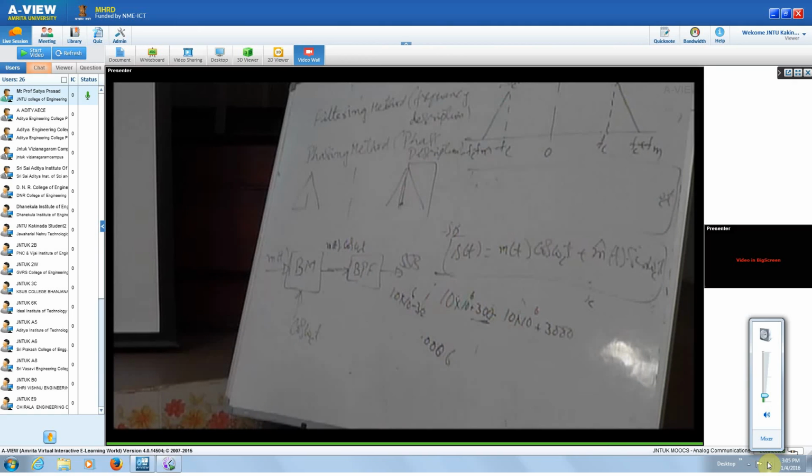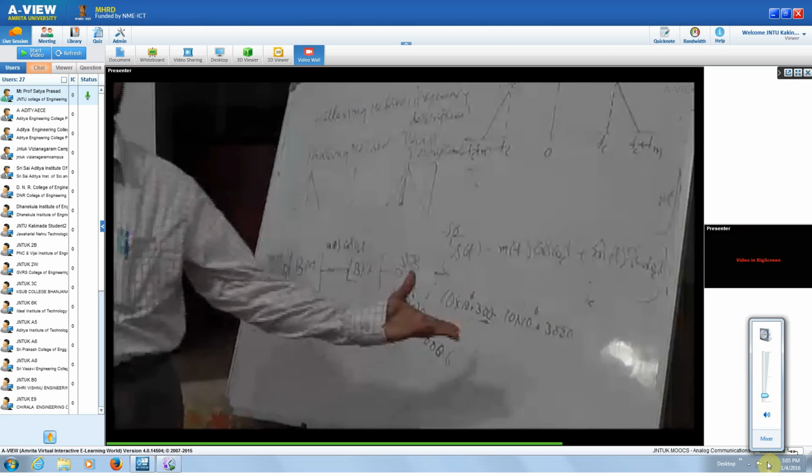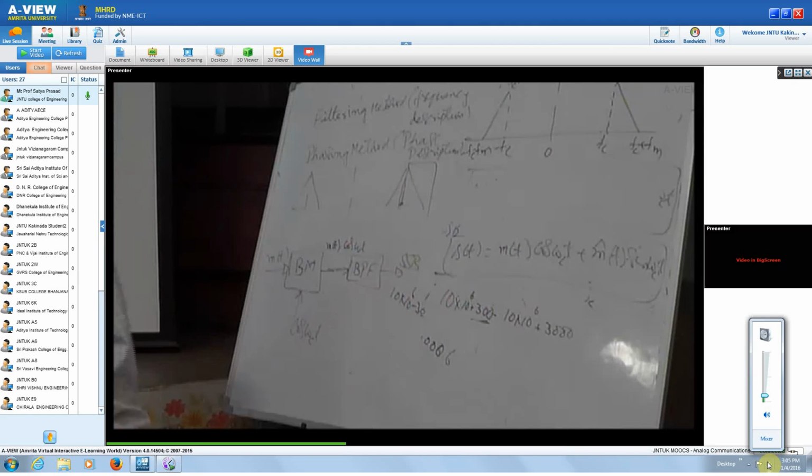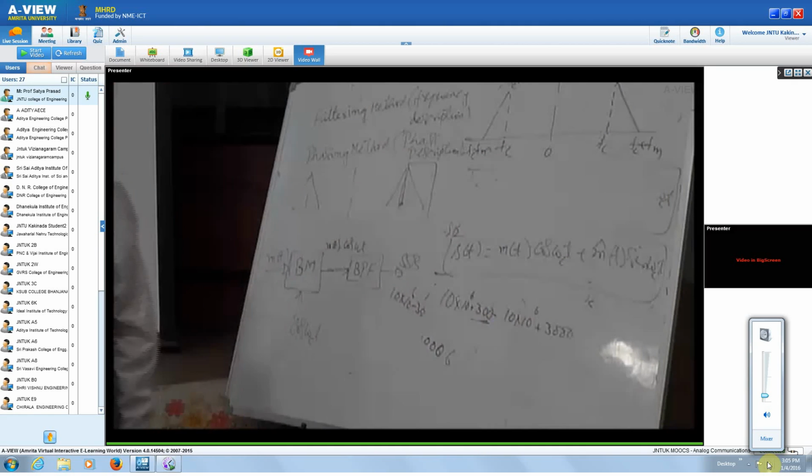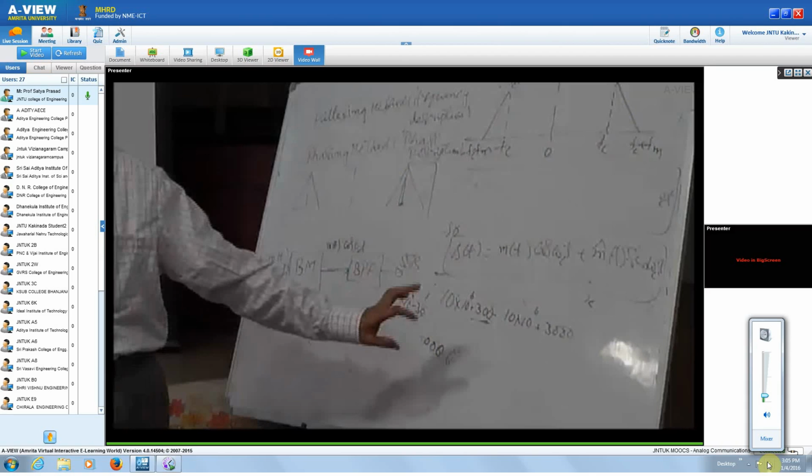Pass only 300 to 3000 hertz as your required voice signal, because the remaining things you can eliminate, since the energy content is very small. More than 90% is going to pass in this 300 to 3 kilohertz signal, so you can get back the original signal with less distortion that way.